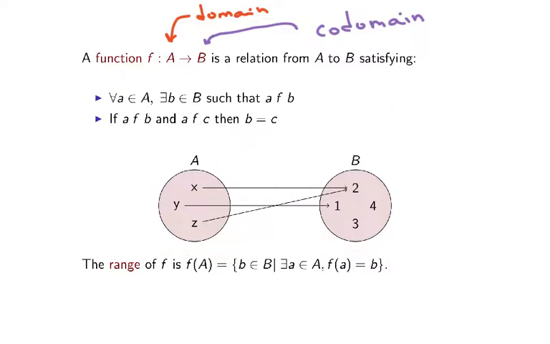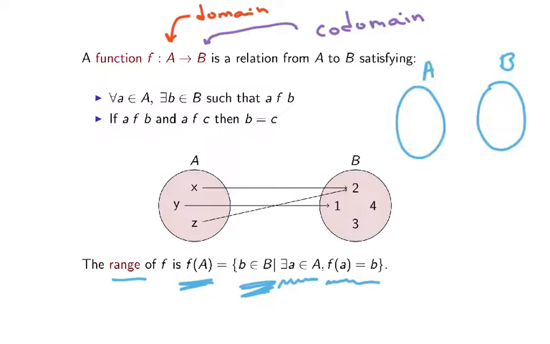One more definition. The range of a function is f of A, which is the set of b in B, I mean the elements in the second set, such that there exists an element in the first set such that the image of that element is b.